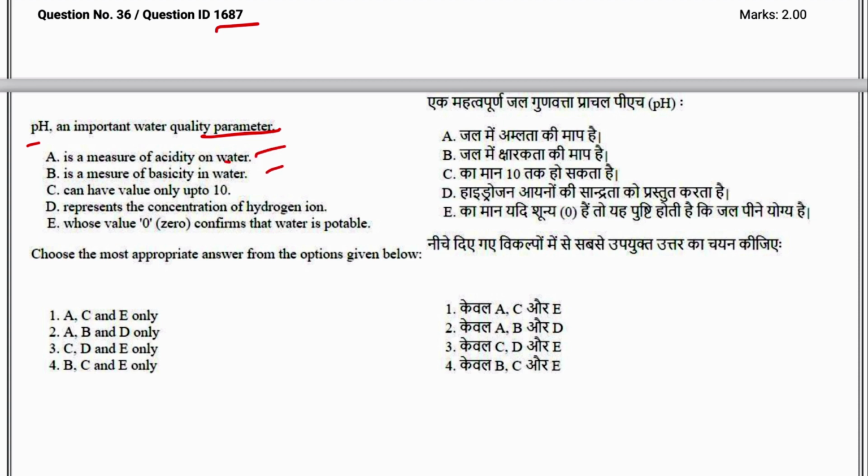Yes. Can have value only up to 10? No. It goes up to 14. Represents the concentration of hydrogen ions. Yeah, this is correct. Whose value 0 confirms the water is potable? No, it is acidic. The lower the value, the more acidic. So A, B and D are correct. 2 is the answer.